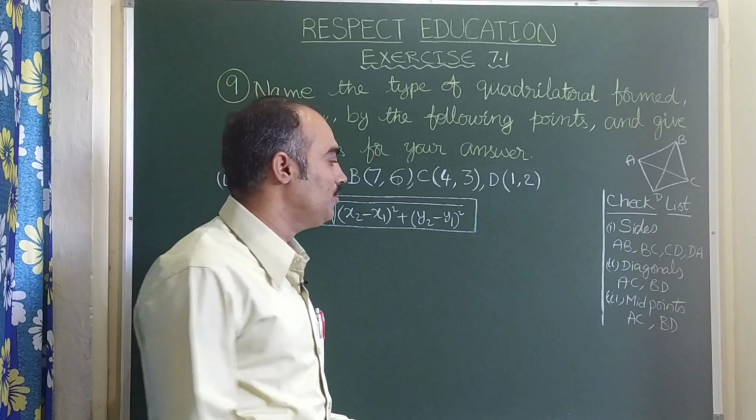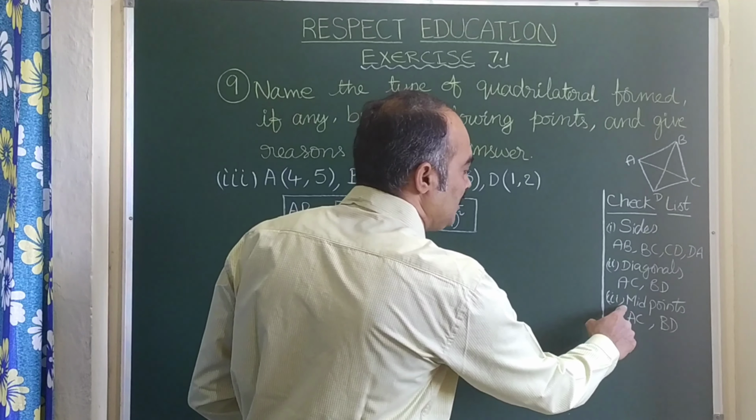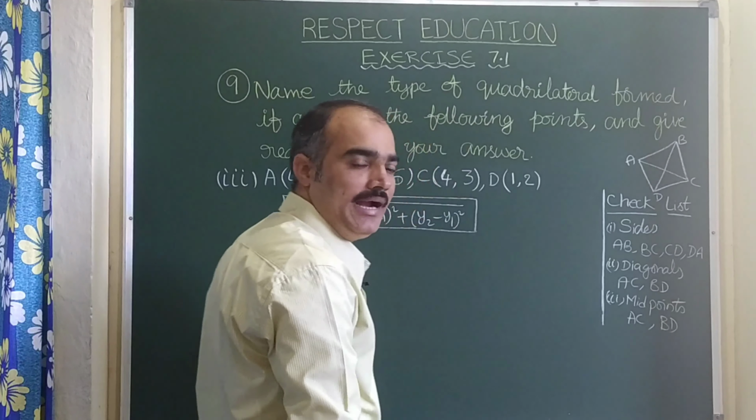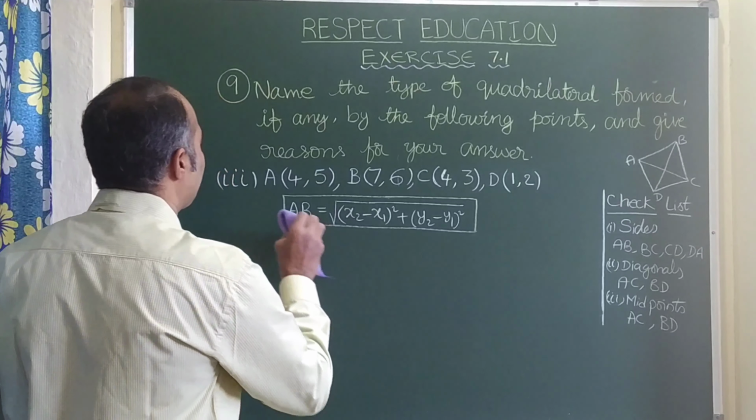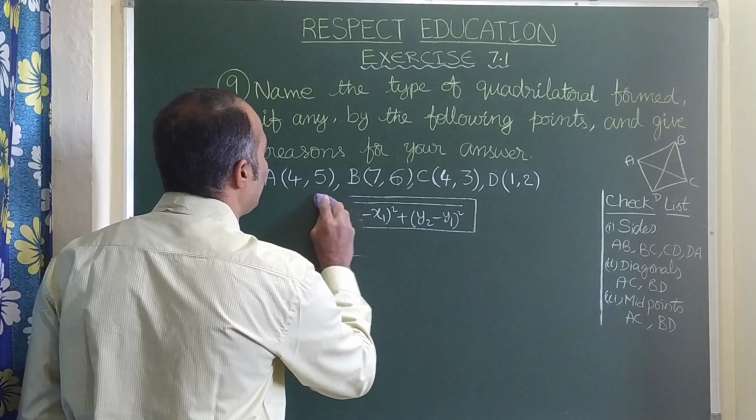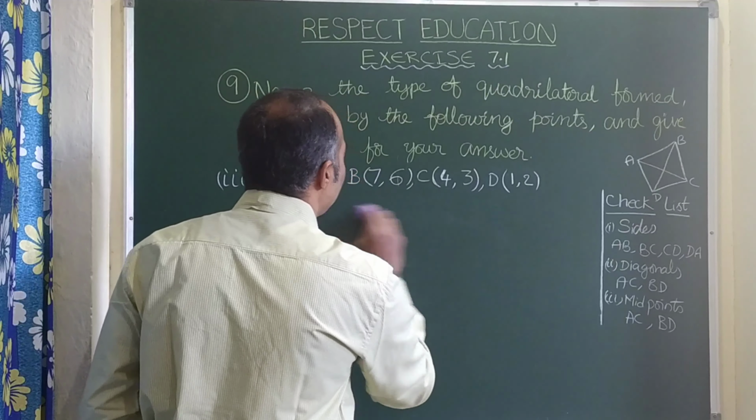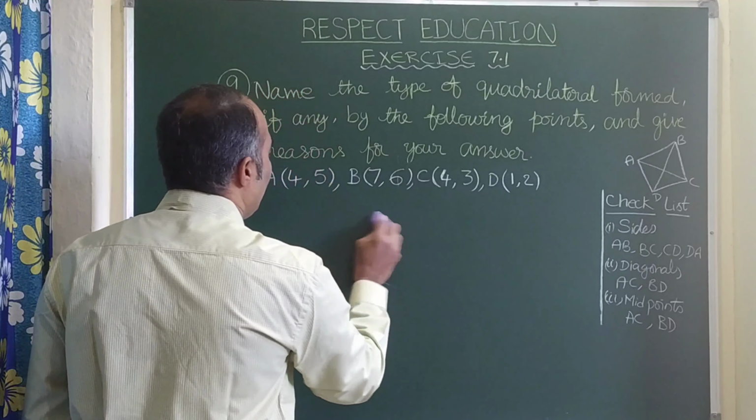Now we are going to check the third case, that is the midpoint of AC and the midpoint of BD. Till now we used the distance formula. This is not useful for the midpoint, so let us remove this and write the midpoint formula here.